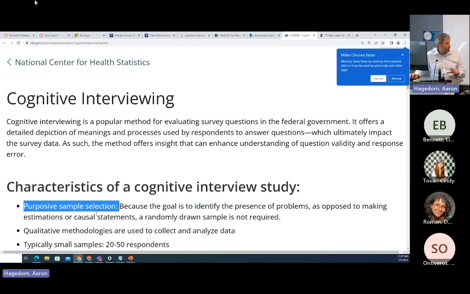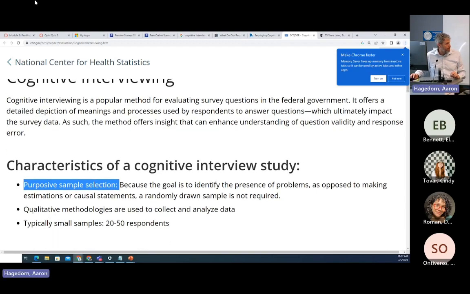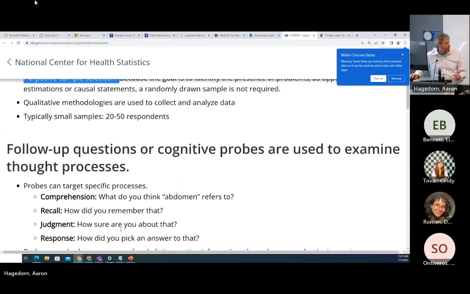So we start off with a purposive sample of people that are familiar with the topic that we're studying. And we take a qualitative approach where people are analyzing the question, typically 20 to 50 people. And we're testing each question in the survey for comprehension. So asking them whether they understand each of the words in the survey.